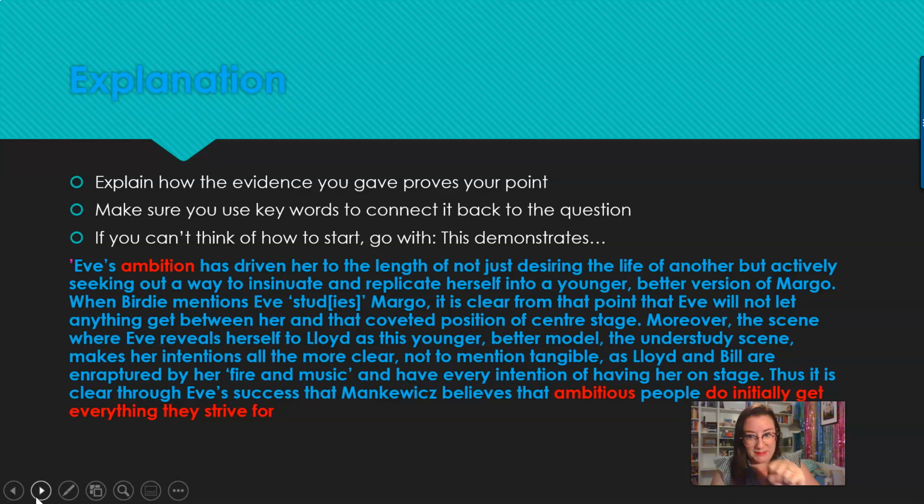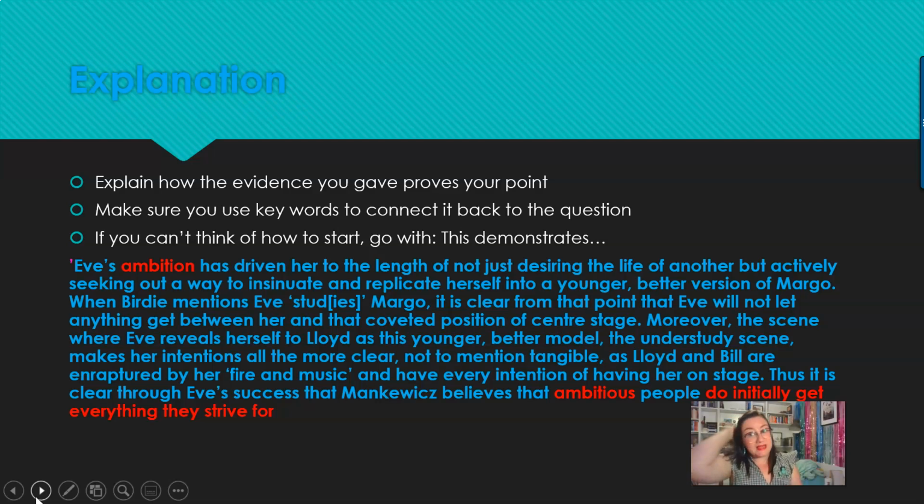Tangible means you can grab it. As Lloyd and Bill are enraptured, which means, oh wow, enraptured by her fire and music, and have every intention of having her on stage. Thus, it is clear through Eve's success that Mankiewicz believes that ambitious people do initially get everything they strive for.